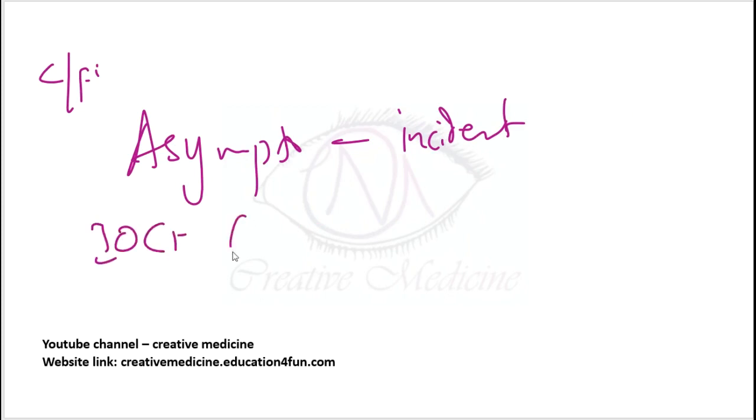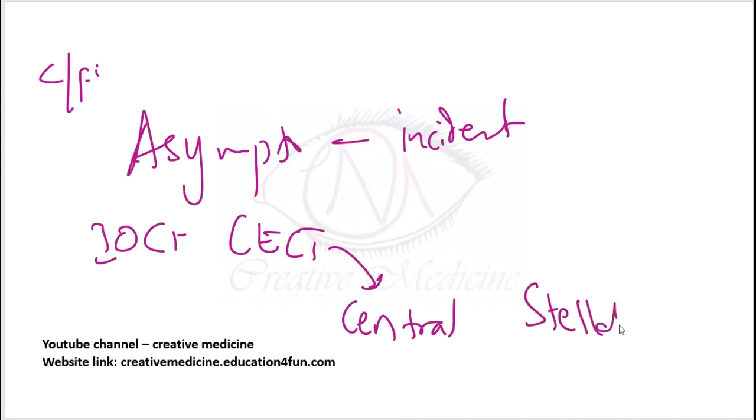The investigation of choice is CECT, which gives the appearance of a central stellate scar in these patients. This central stellate scar is seen because of the central feeding arteriole giving multiple peripheral branches.